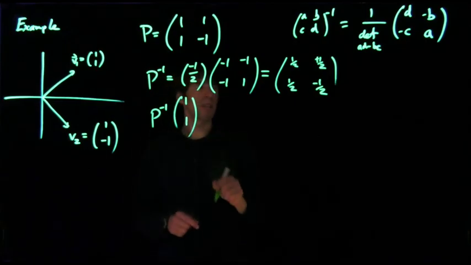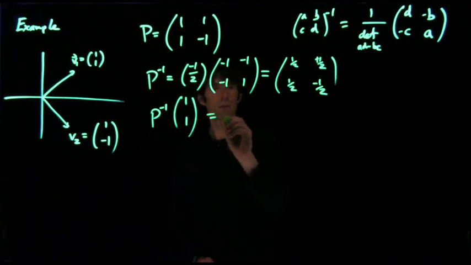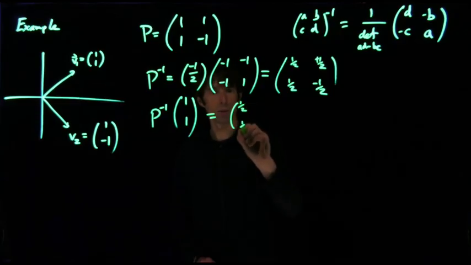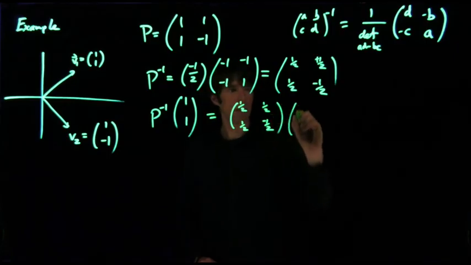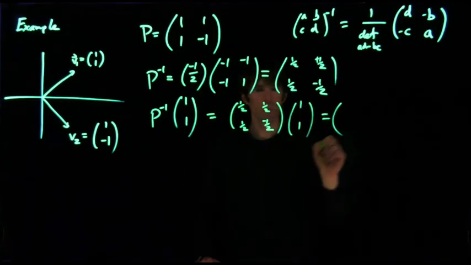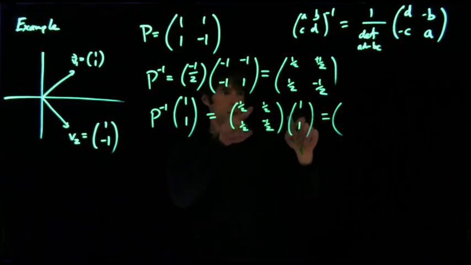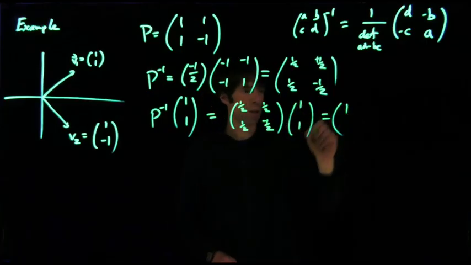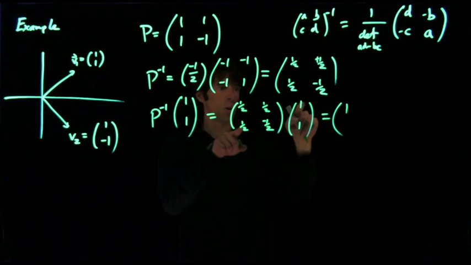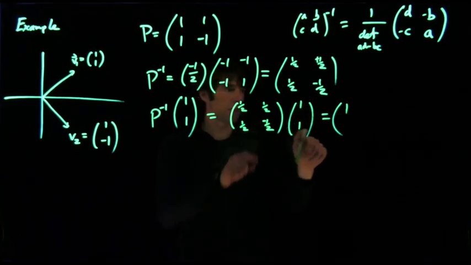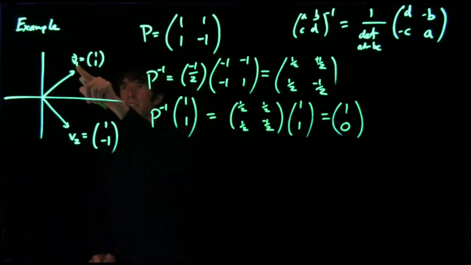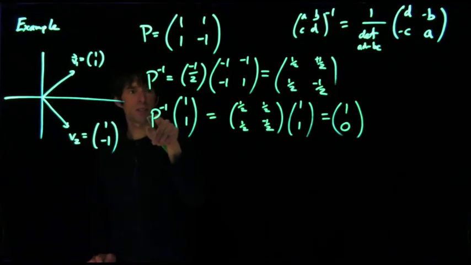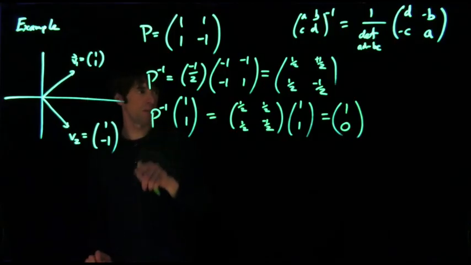Let's check that that's the case. So I need to multiply this out. So I have 1/2, 1/2, 1/2, and minus 1/2 times 1, 1. I get 1/2 times 1 plus 1/2 times 1, so I get a 1 there. And 1/2 times 1 minus 1/2 times 1, I get a 0. So if I take this vector v1 and represent it in the standard basis, then P inverse converts that into the representation in the V basis.